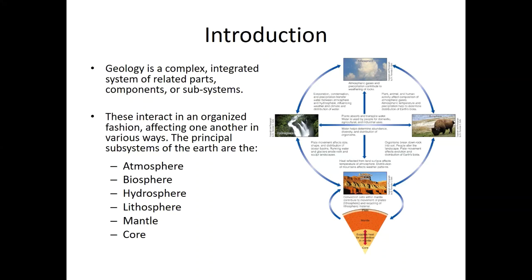So what happens in the solid Earth impacts the hydrosphere, the atmosphere, the biosphere, and vice versa. So the Earth system is composed of these 4 components that are constantly interacting with each other, and we'll see that throughout the course.